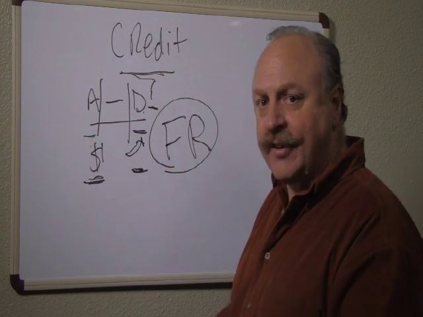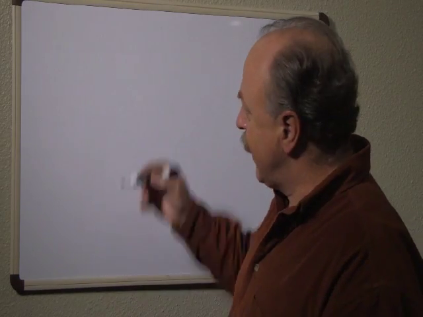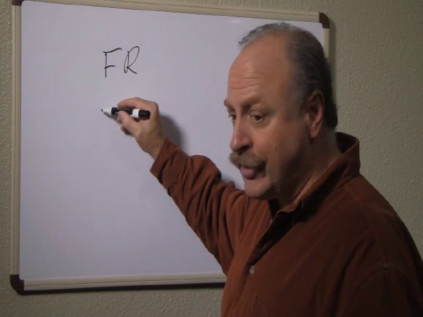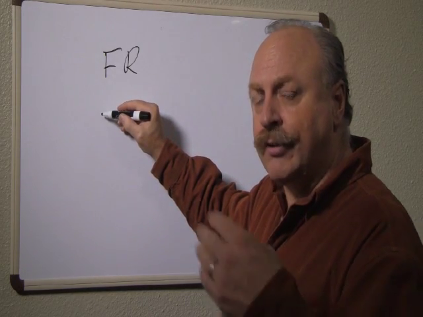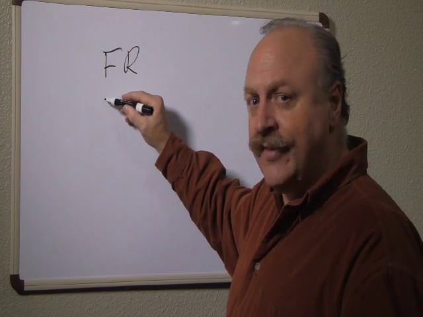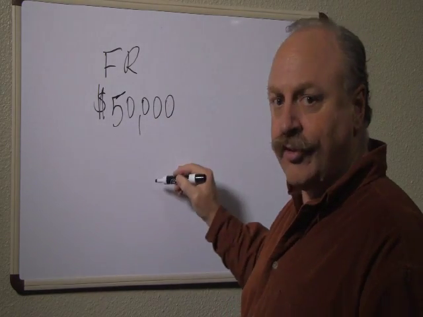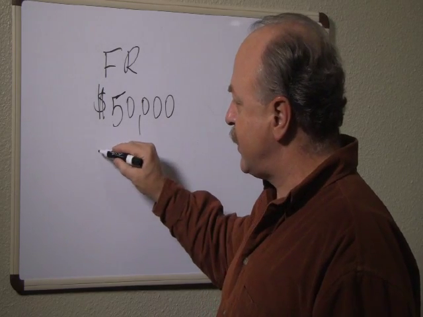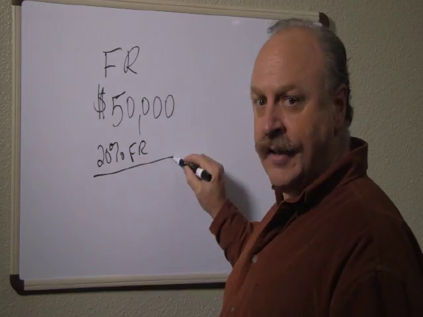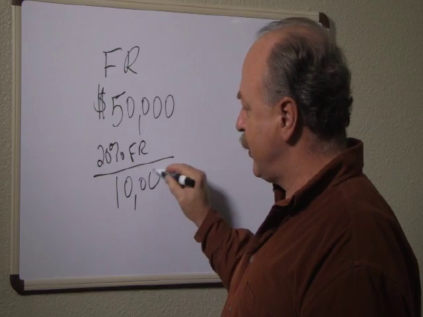Now I want to talk about factoring rate for a moment. Factoring rate has to do with the cost of the money, not an interest rate. There is no interest rate here. Nothing accrues during the period that this loan is out there for the business. So if somebody borrows, let's say, $50,000 from us and has a factoring rate of 20%, that would be 20% of 50 grand, which is $10,000.